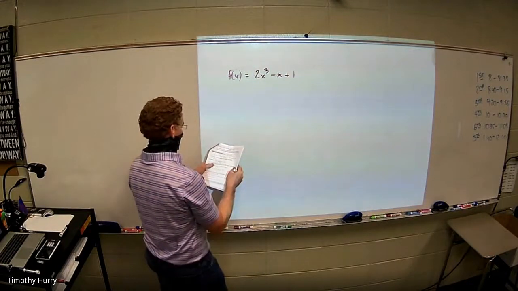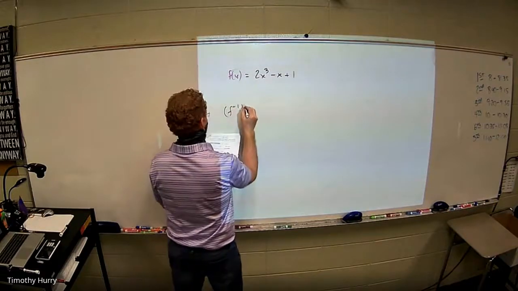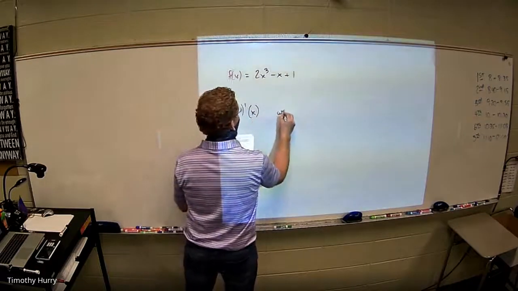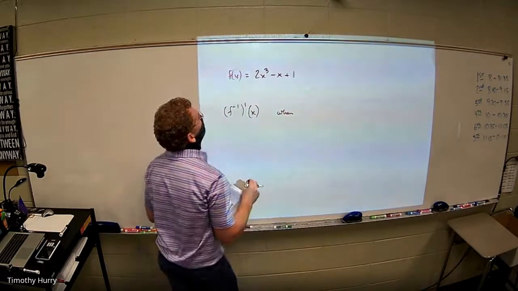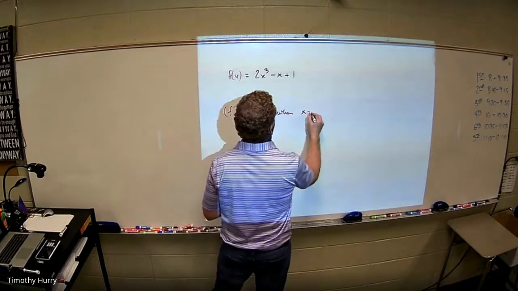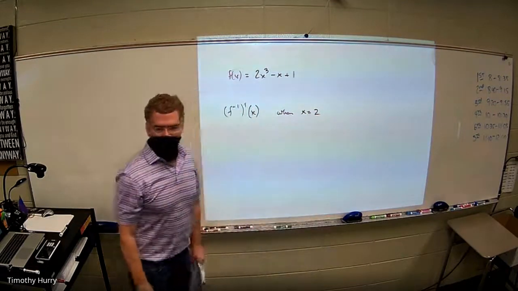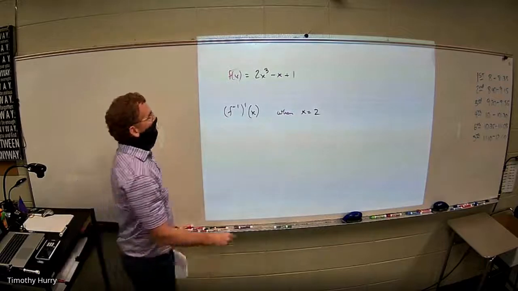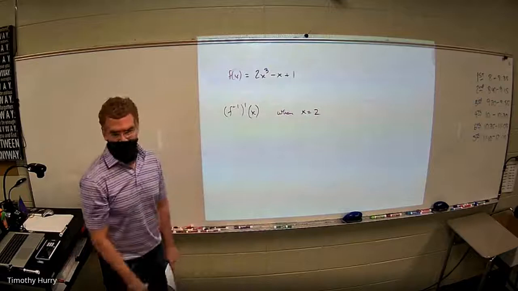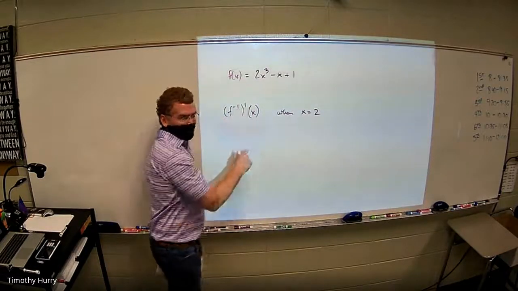And I said find the derivative of the inverse of x when, let me make something up here, when x is 2. Now, if I'd said find the derivative of f when x is 2, you would just take the derivative, right? Plug a 2 in. But I said find the derivative of the inverse of f.